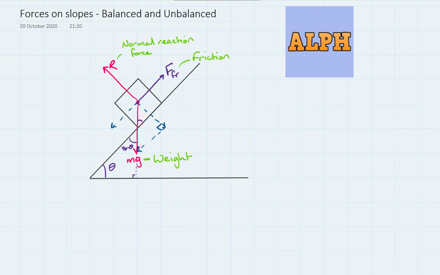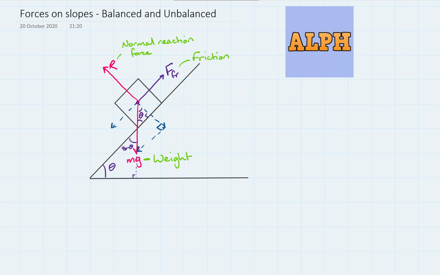And then I've got a right angle in there, which means that if I've got a right angle in the right hand corner and 90 minus theta in the bottom left corner, then the top angle is theta.